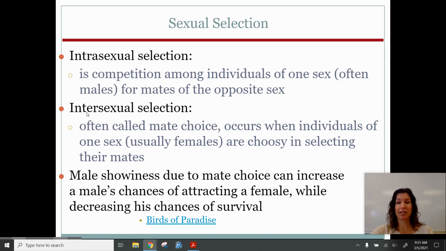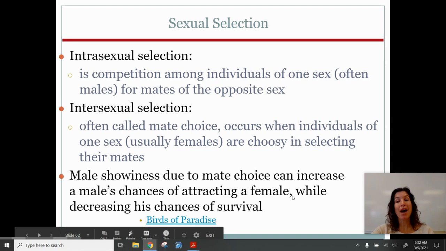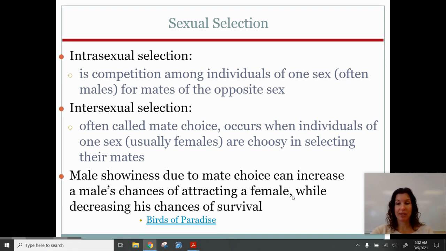This is between, because between has an E. So intersexual selection is like mate choice. This occurs when individuals of one sex, which is usually the females, are choosy and selecting their mates. And this is why male showiness occurs. That can increase a male's chances of attracting a female, but they're a little bit more obvious. So it might actually decrease his chance of survival because a lot of times they do have those bright colors.